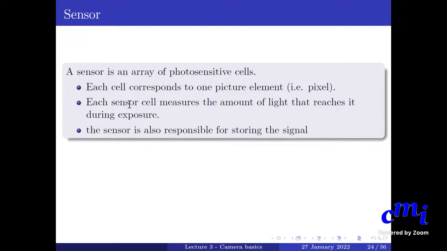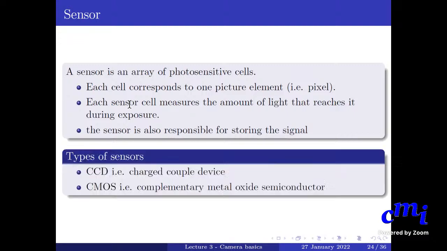Its job is not just to record it, but also to store that signal. In more advanced sensors that are coming up now, it does some early signal processing in order to store that signal. This is again a very broad description. I'm not going into too many details.